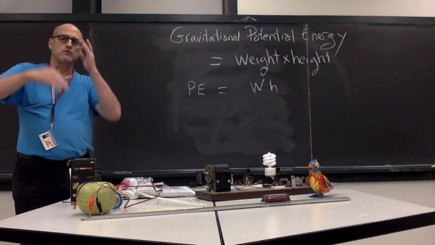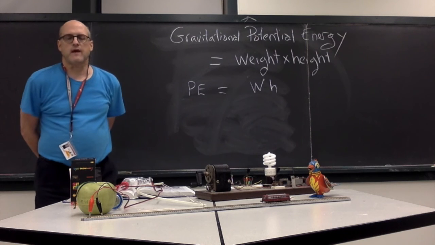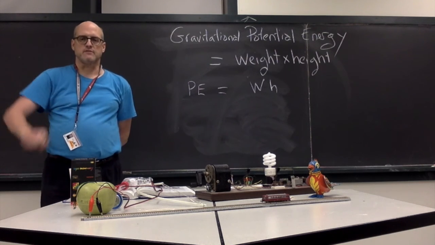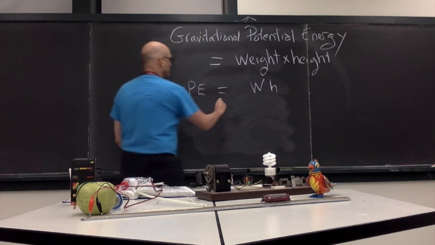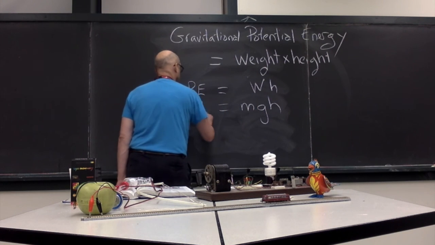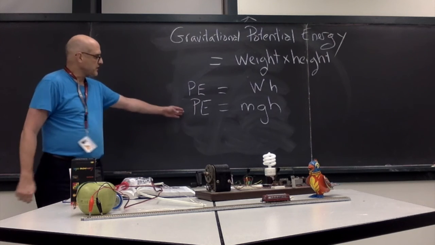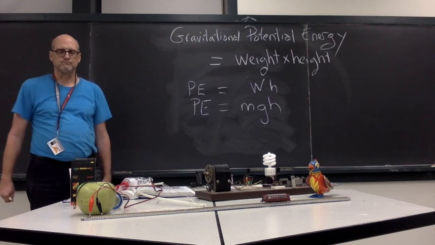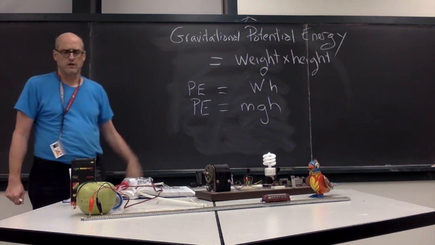Now weight, we learned in a previous unit, can be found by taking the mass of the object times the acceleration due to gravity. The unit of potential energy is the joule, just like work.